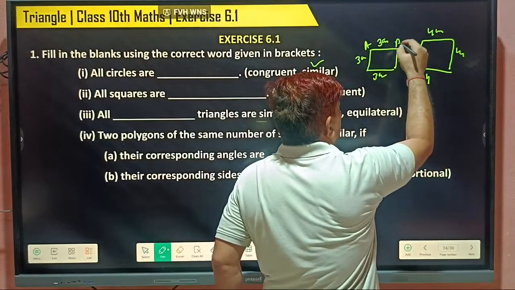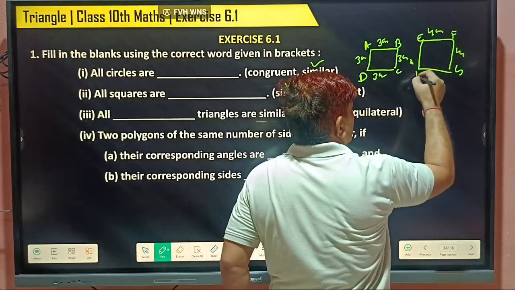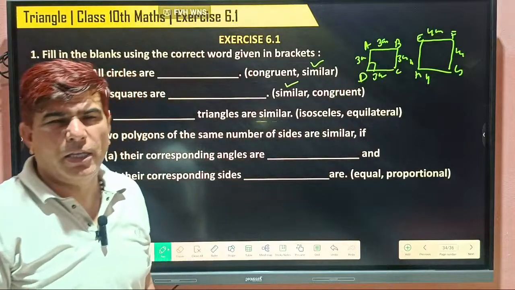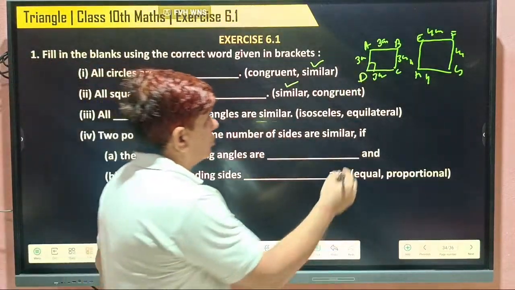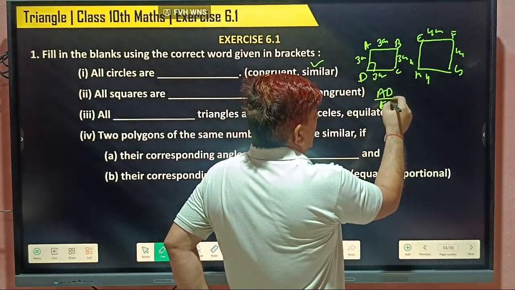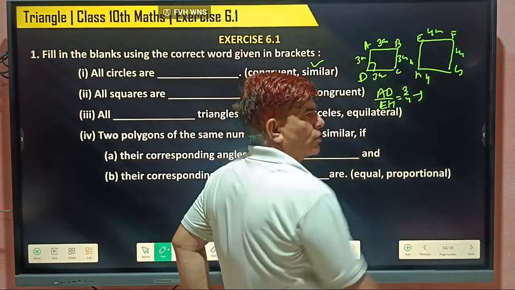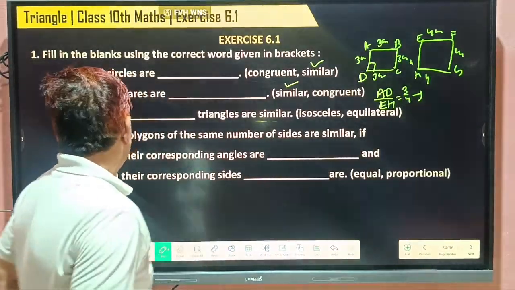Its name is ABCD, and the other is EFGH. Each angle of a square is equal to 90 degrees, so corresponding angles are equal. What about corresponding sides? AD by EH is 3 by 4. The side ratios are also the same. So they are not congruent, but they are similar.